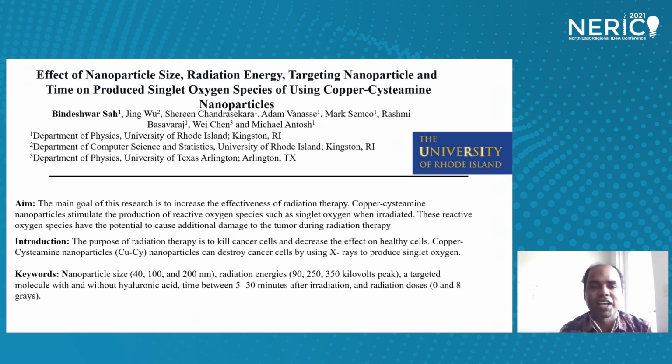That means if you conjugate it with the nanoparticle, it can move faster than a non-targeted nanoparticle. So that is the purpose of using hyaluronic acid as a targeted molecule in the nanoparticle. And then obviously we have to use different radiation doses. Control means no radiation, but 8 means 8 gray radiation of X-ray. Next slide, please.